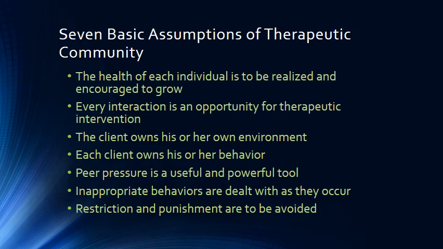Feedback is important as well and should be very direct and frequent. Inappropriate behaviors are dealt with as they occur, and they should be dealt with based on the behavior and not on the outcome. Restrictions and punishment are to be avoided unless someone is dangerous, and then they should be removed until they can be safe again.